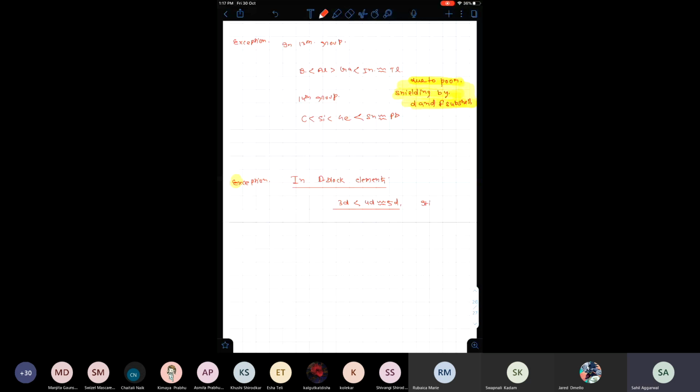It is due to poor screening and shielding by D and F subshell, called lanthanoid contraction. Lanthanoid contraction. Understood?